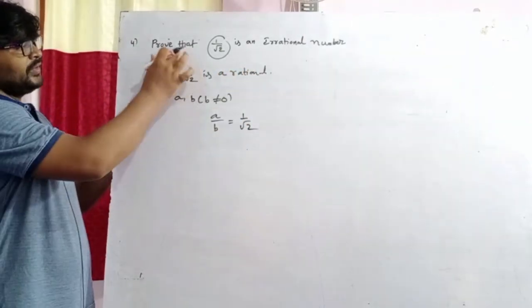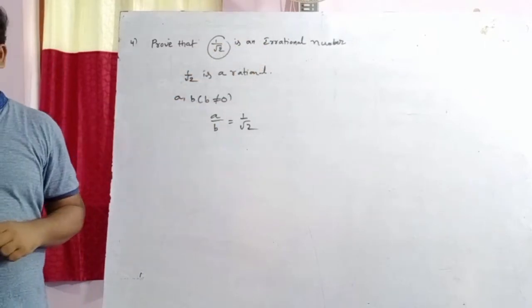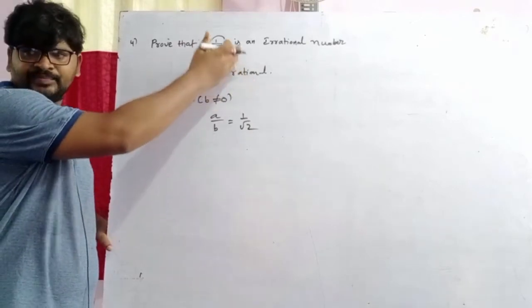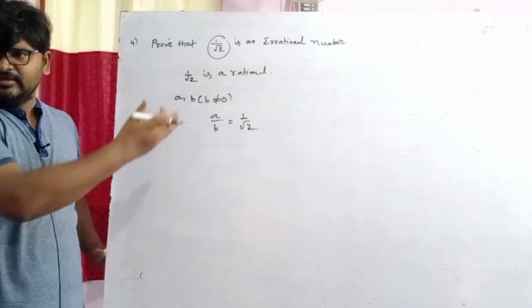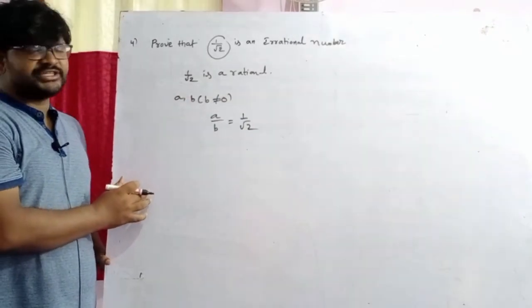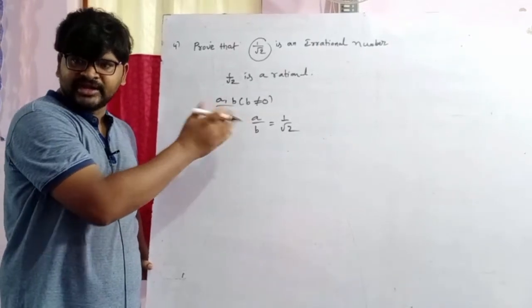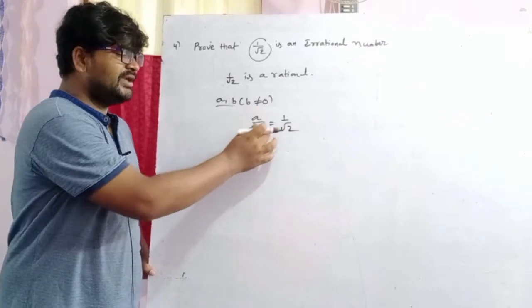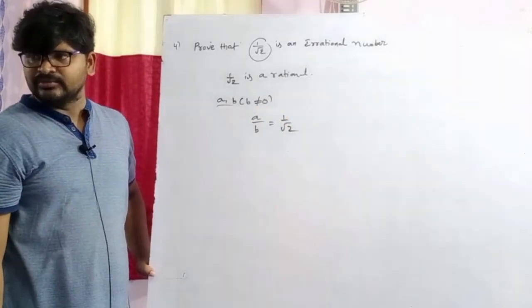Once again, prove that 1 by root 2 is an irrational number. Let us assume to the contrary 1 by root 2 is rational. Then there exist a, b, b not equal to 0, co-prime integers such that a by b equals 1 by root 2.